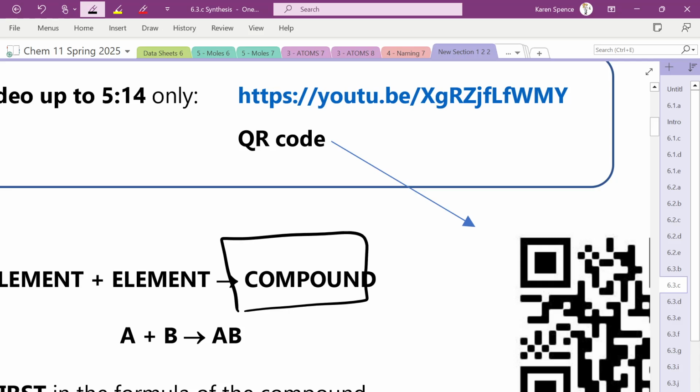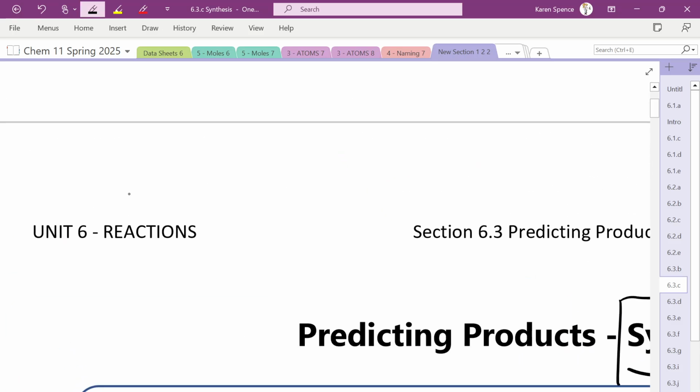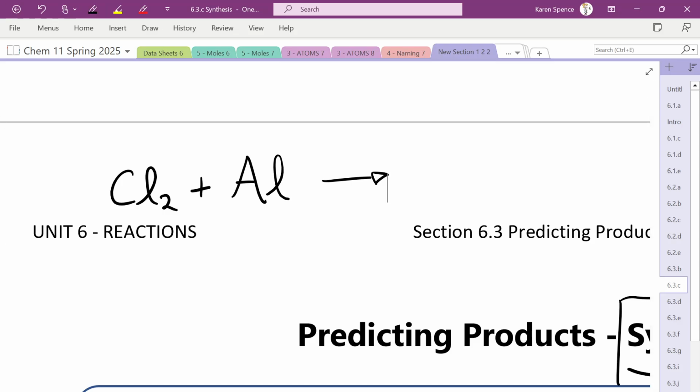So, let's say I gave you Cl2, chlorine, plus aluminum. That's my element and my element. Diatomic, non-diatomic. Can I do the following?